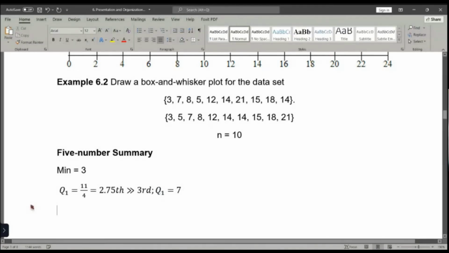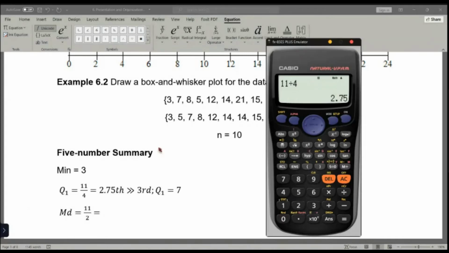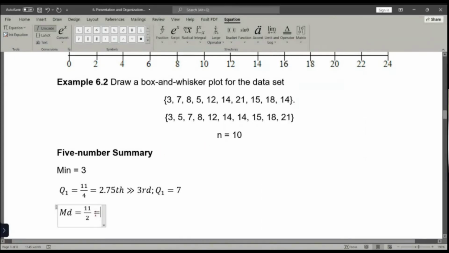Okay? Next. Median. What is the median? Location is 11 over 2. 11 over 2 is 5.5. So see that there is a 0.5 uli, no? So therefore, we'll consider the 5th score and the 6th score.